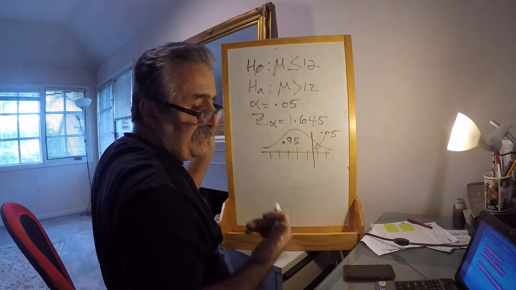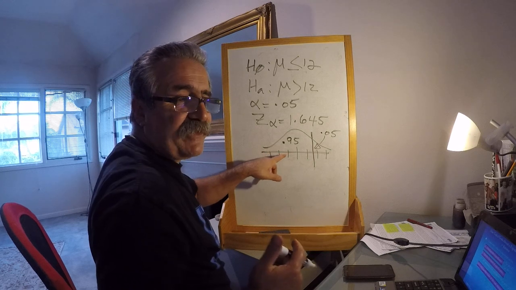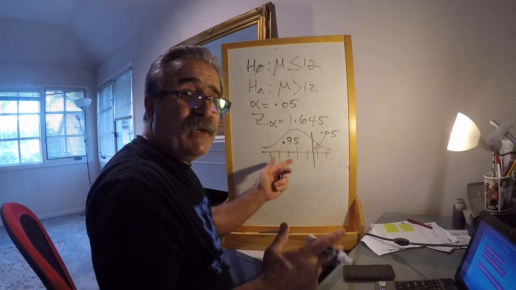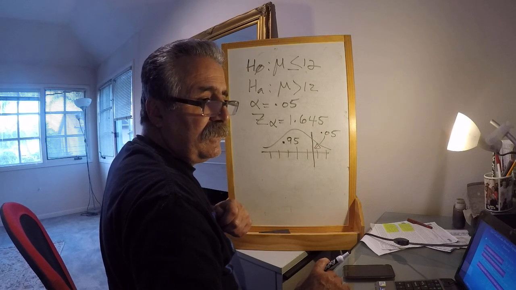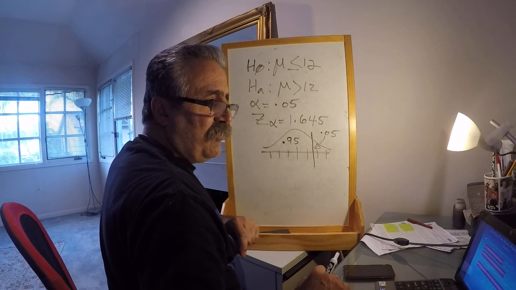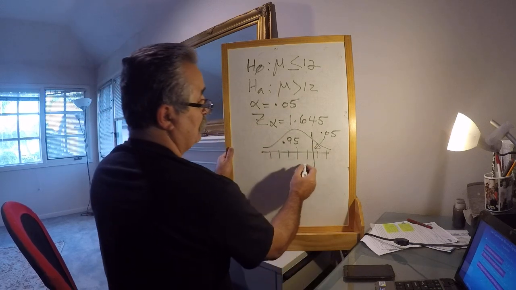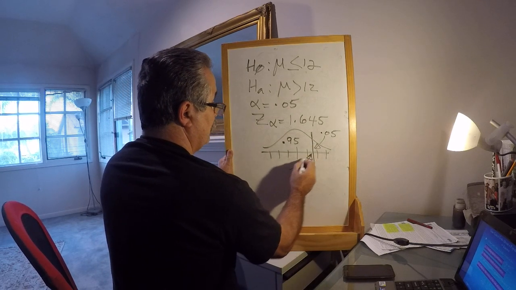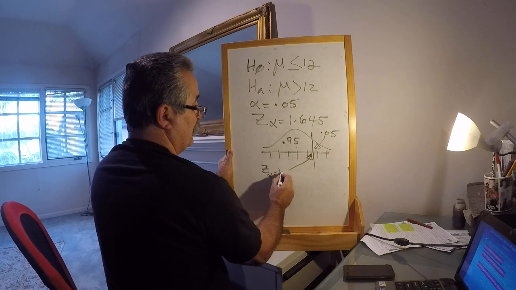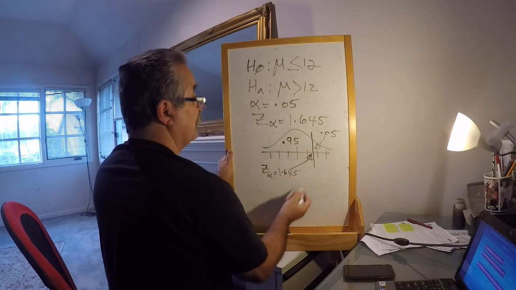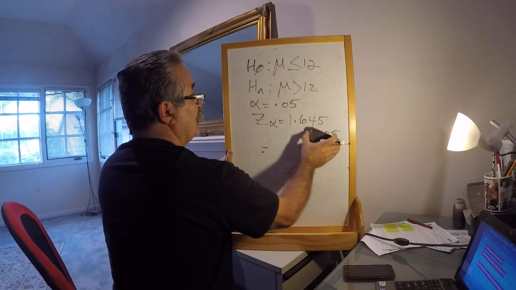You go to the Z table and locate 0.95. We can't locate 0.95, so we take the closest two numbers, 0.9495 and 0.9505. We take the average of the two, and the Z of the alpha comes out to be 1.645. So this is how we find 1.645.